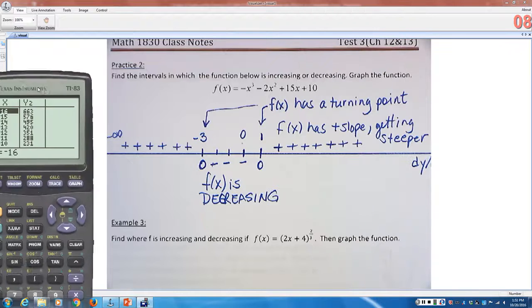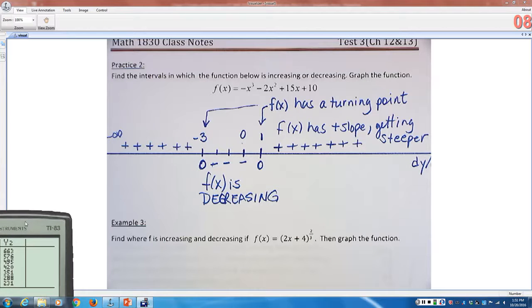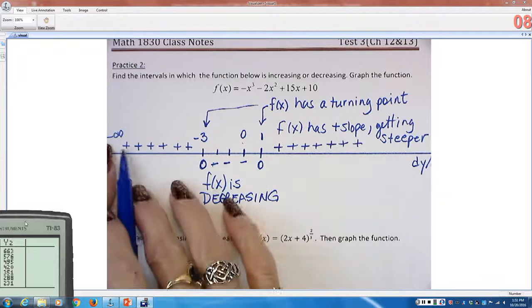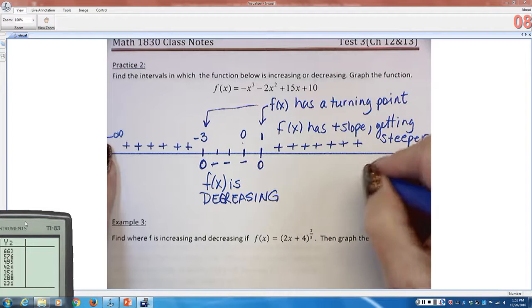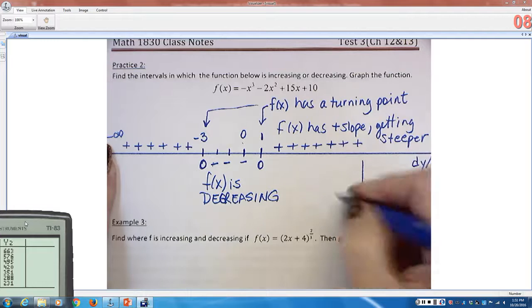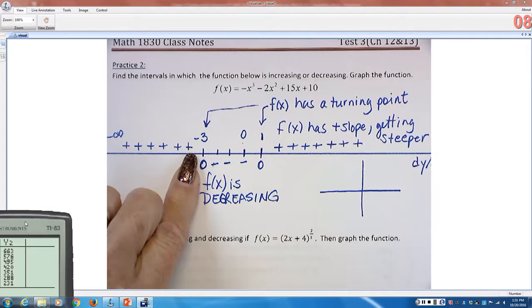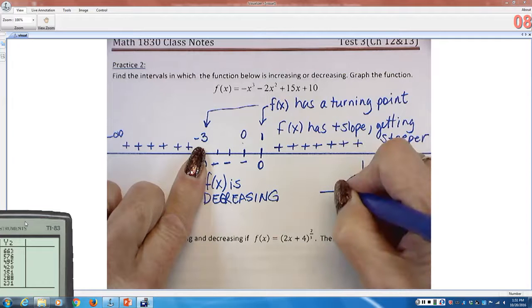So looking at it strictly from a numerical standpoint, here's what we see is happening. This function on the interval -infinity to -3 is increasing. But it reaches a maximum when it gets to -3.